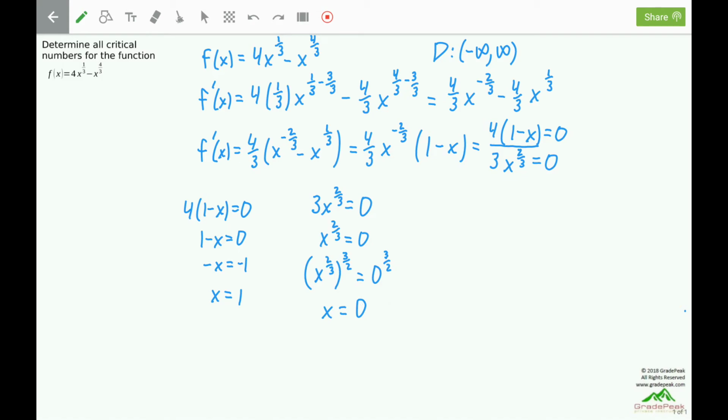Now we look to see if these are in the domain. The domain was all real numbers. So x equals 1 is a real number, and therefore we keep it. X equals 0 is a real number, and therefore we keep it. And there are the two critical numbers for the function, x equals 1 and x equals 0.